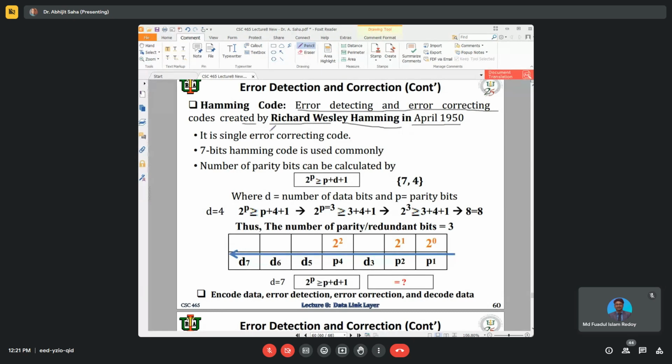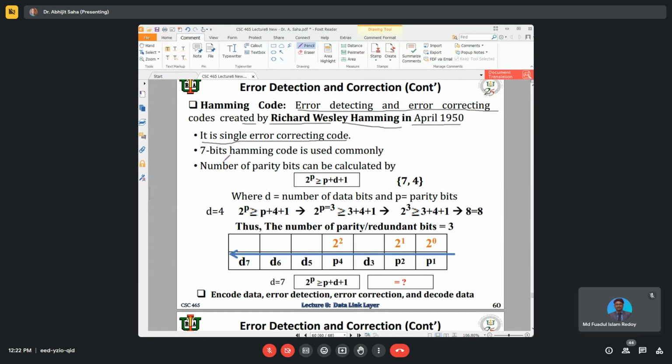Hamming code is very famous as a technique for error detection and correction. I already said that it is a single error correction code, which means a single bit correction code. It is used for detecting a single bit error, and we will be able to correct it also.